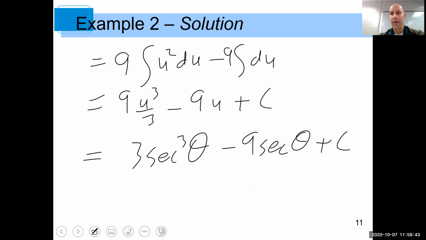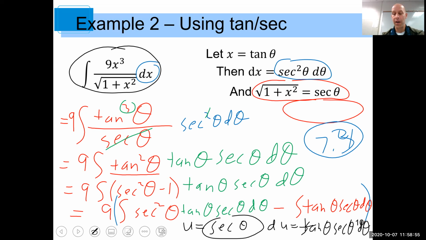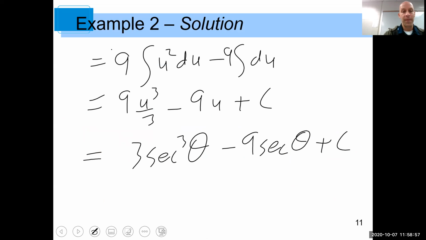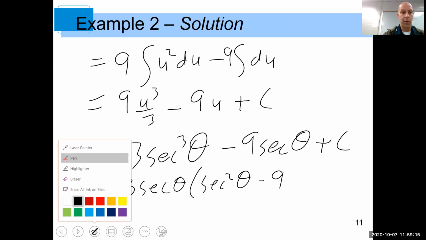Are we done yet? The answer is no, we are not done yet, because we have to remember that our original problem was not in terms of trig stuff. So now we need to use all of this information that we have here, and we will get our final answer. In fact, let's go ahead and factor out a common factor of 3, and then secant theta, which is going to give us secant squared theta minus 3, because we factored out a 3.